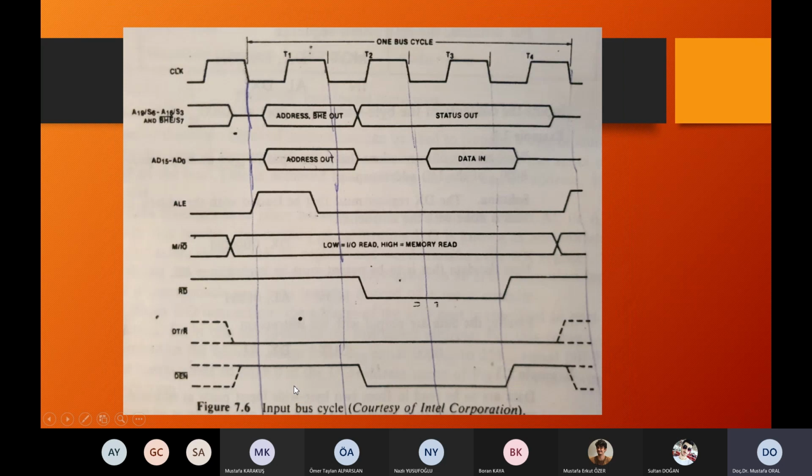If you look carefully, the read signal and the data enable signal are almost the same, because the data enable signal signals the outer devices that it is time to send the data, because this is an input. So it is safe to send data to be read by the microprocessor, signaling out 0.